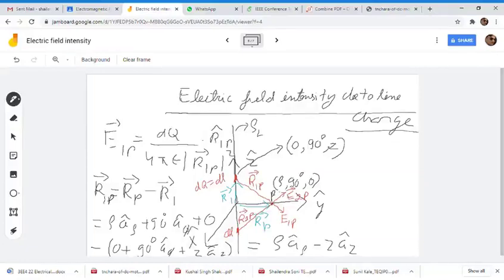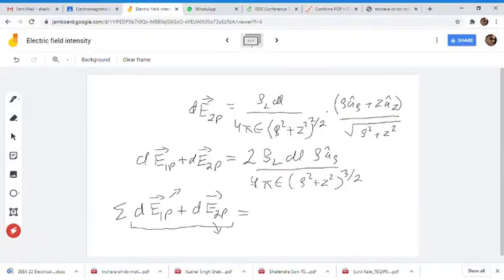We are adding the electric field due to the positive z and this negative z. So the concept is that you just need to take this positive z and make it twice. So it will incorporate the effect of the negative z axis.